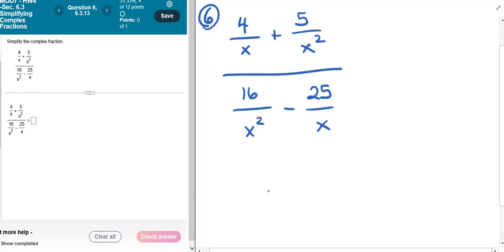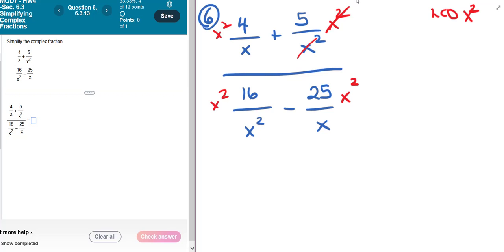So the first job is to figure out your common denominator. While all of these have x's, you have to go with the highest one, which is an x squared. So you're going to multiply everything by x squared. And you're going to clean up.